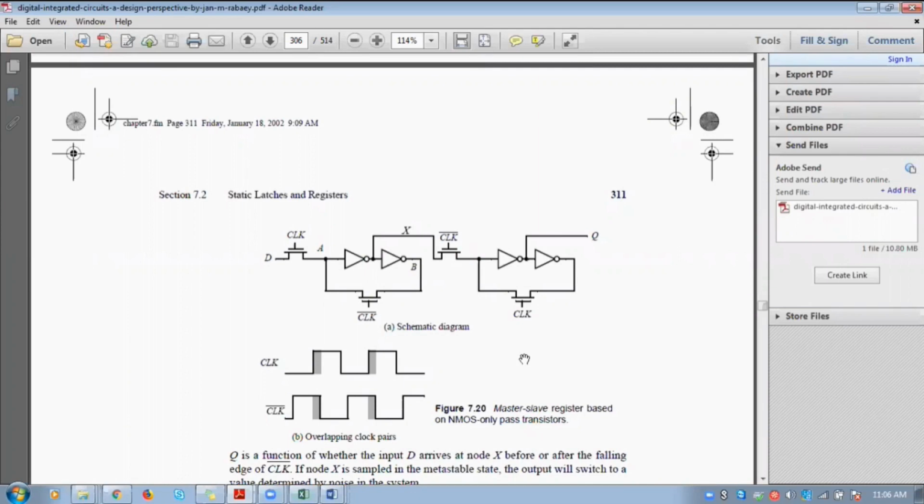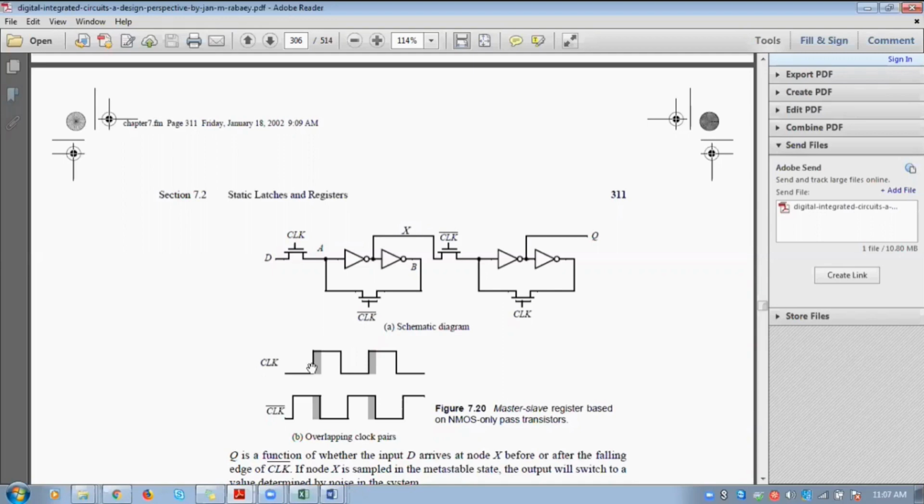But in practical cases, it is not the case, because clock and clock bar both are generated from the same source, but due to some internal delay in the inverter for generating this clock bar, sometimes there will be a delay in generating this clock bar signal. So due to the delayed clock bar signal, in a few places there will be some overlaps.